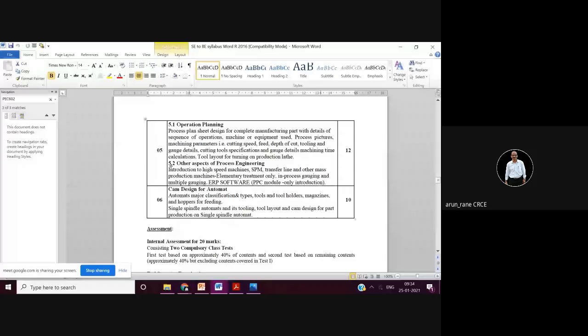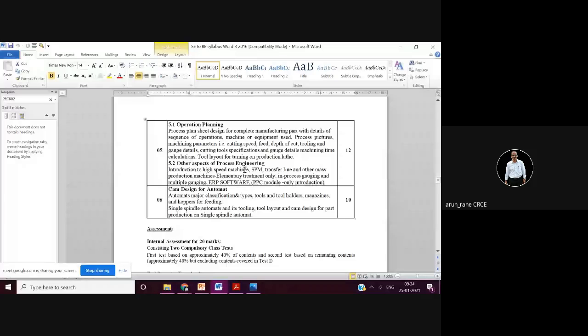And finally, for hardening also, your surface treatment process, how to calculate the time, which I am sure that you have not learned. How the hardness varies.